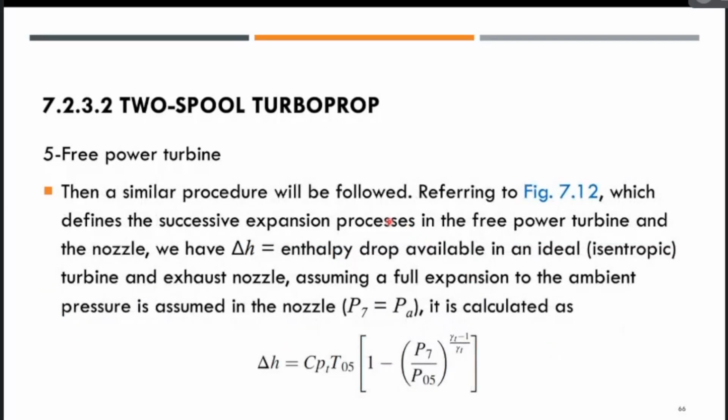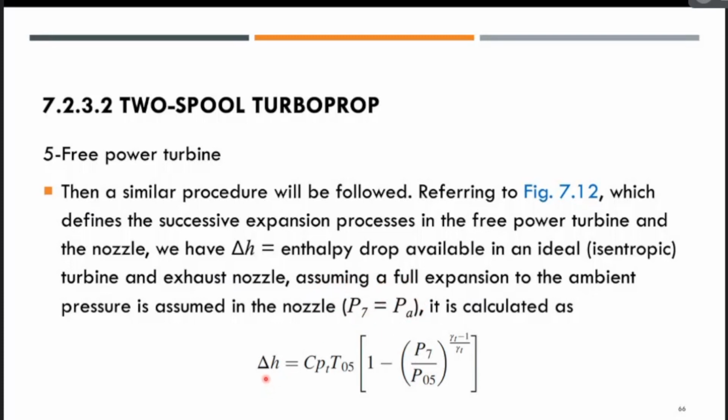So a similar procedure will be followed, referring to figure 7.12, which defines the successive expansion processes in the free power turbine and the nozzle. We have delta H, the enthalpy drop available in the ideal or isentropic turbine and exhaust nozzle, assuming full expansion. We assume it is a full expansion to the ambient pressure, where P7 will be equal to P_A. This is ideal, but it's not true in the real situation.